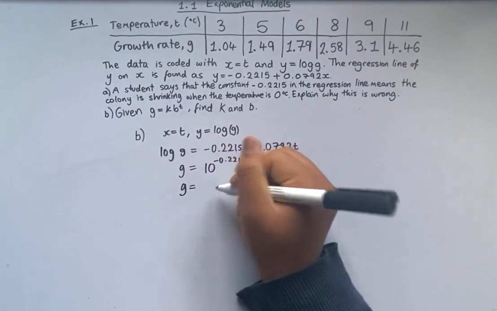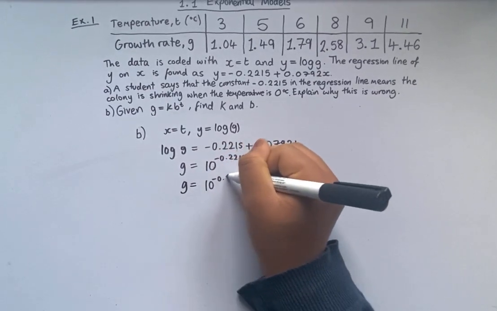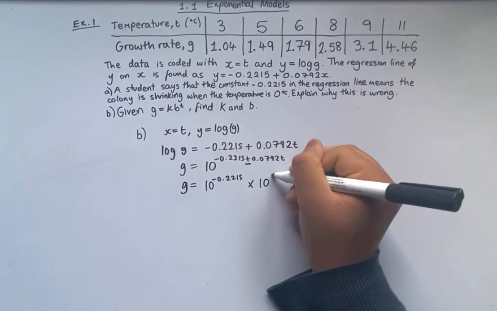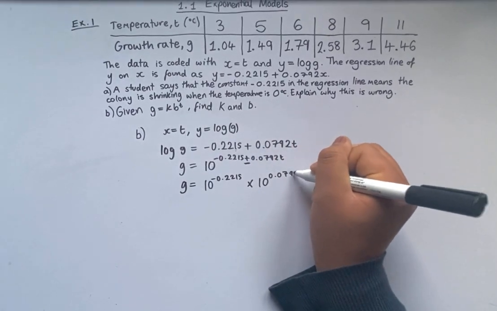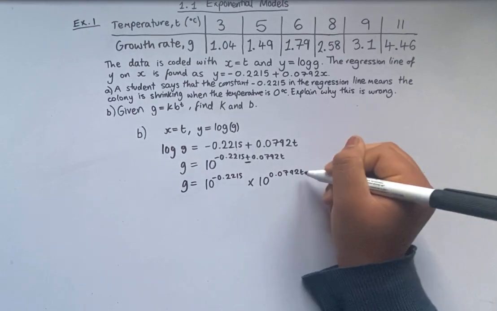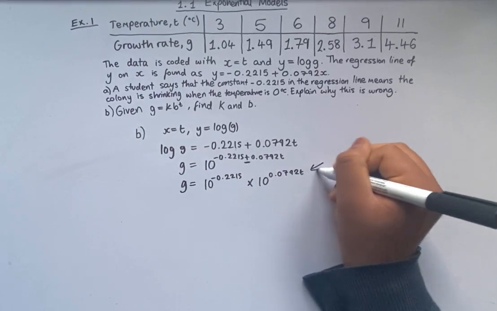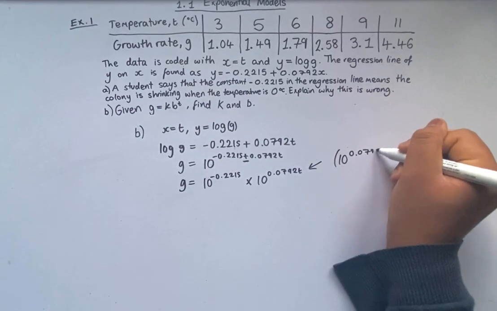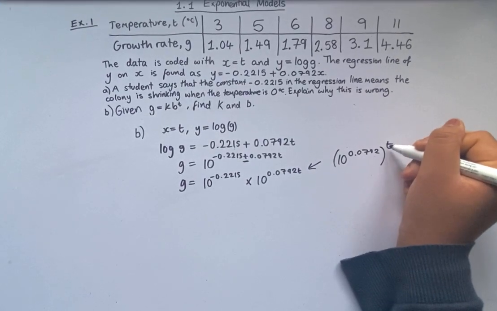So g is equal to 10 to the minus 0.2215 times 10 to the power of 0.0792t. And because this is multiplied, we can rewrite this as 10 to the power of 0.0792 all to the power of t.